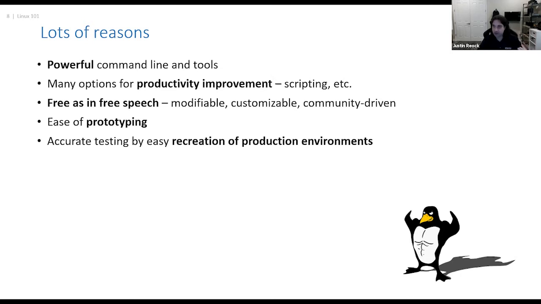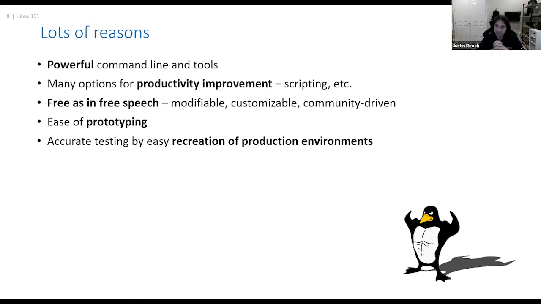Easy recreation of production environments. It's kind of what I was talking about. And this has been made even easier through utilities like Docker, right? One of the most powerful things that a container gives us is parity between the area where we're developing and the area where we're deploying and running. That's so important for DevOps. It's literally part of the 12-factor app development methodology.